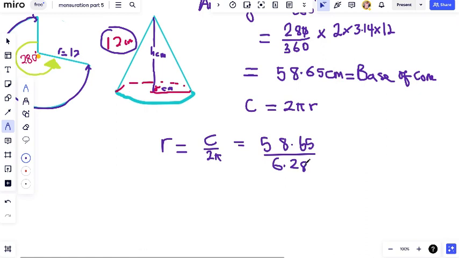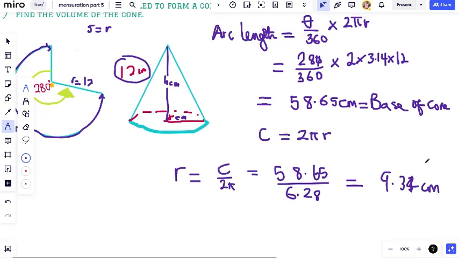So you divide this by this, you will get 9.33 or 9.34. If you approximate to 2 decimal places, it will be 9.34 centimeter. Okay, that's the radius. So we calculated the radius.